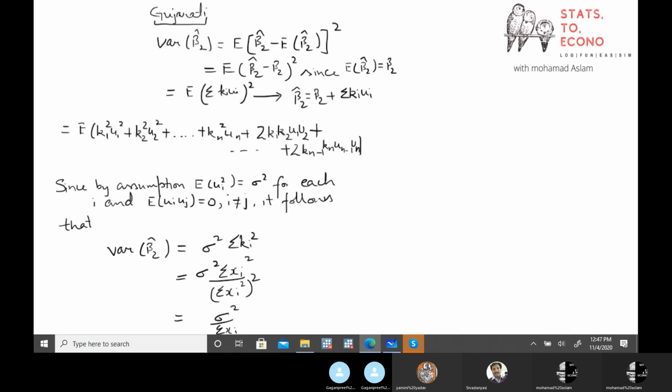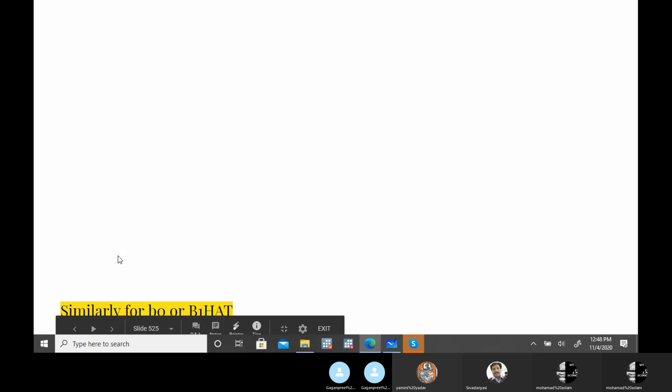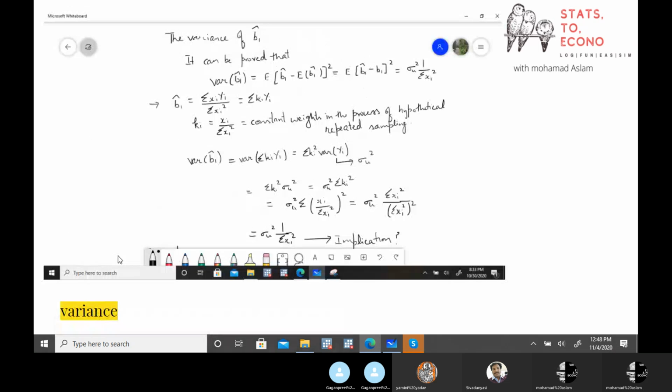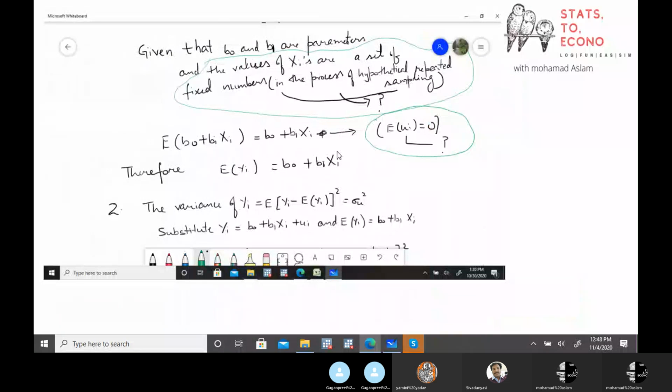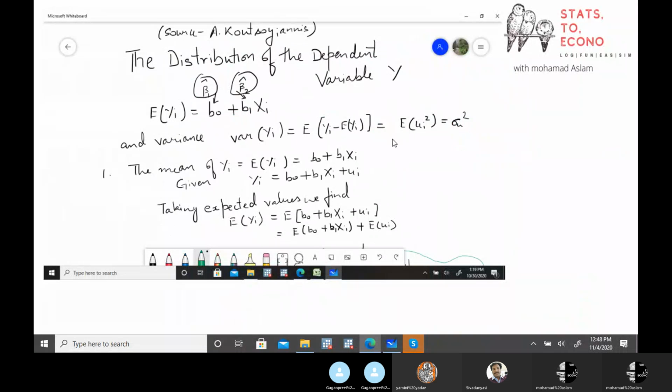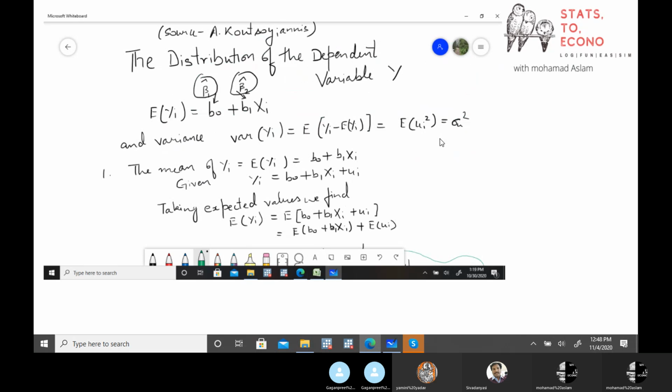And with that only we can say that variance of beta 2 hat is equal to this. So either way you can use this Gujarati method or this Kothari method. That derivation is required. In this Kothari method also they use this property, that the expected value of this residual square term is equal to this particular constant. So in both ways we have to work with that.